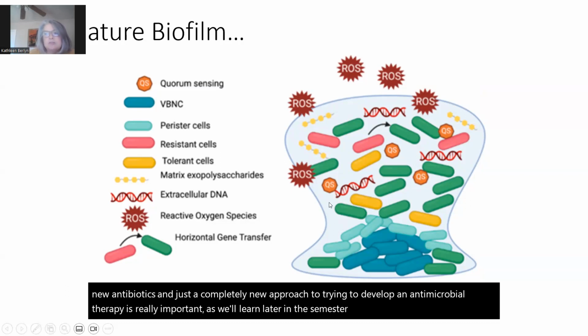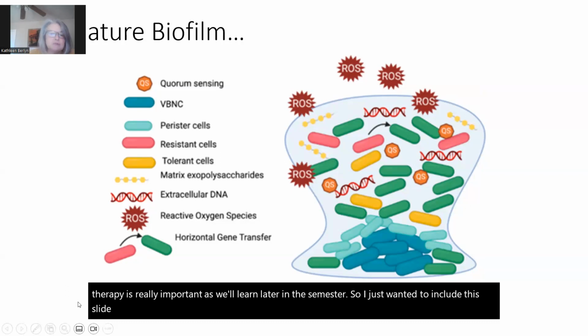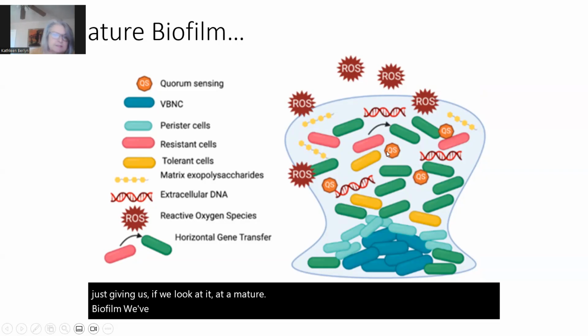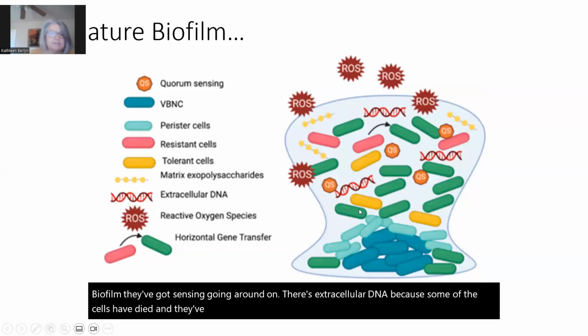So I just wanted to include this slide I have in the notes. On the notes page, it gives you all the information about it, but this is just giving us, if we look at a mature biofilm, they've got quorum sensing going on. There's extracellular DNA because some of the cells have died and they've released their DNA.